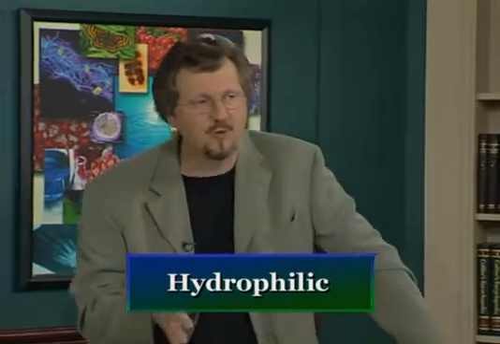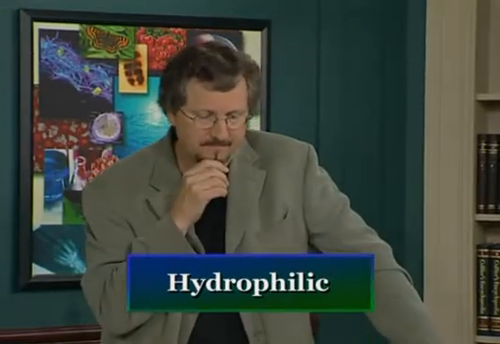Some amino acids are what we would call hydrophobic. Literally, that means water-hating. That means that the side chains of these amino acids don't play well with water. They're actually repelled by water. Now, other amino acid side chains are what we would call hydrophilic, literally water-loving, and these, therefore, will be attracted by water.